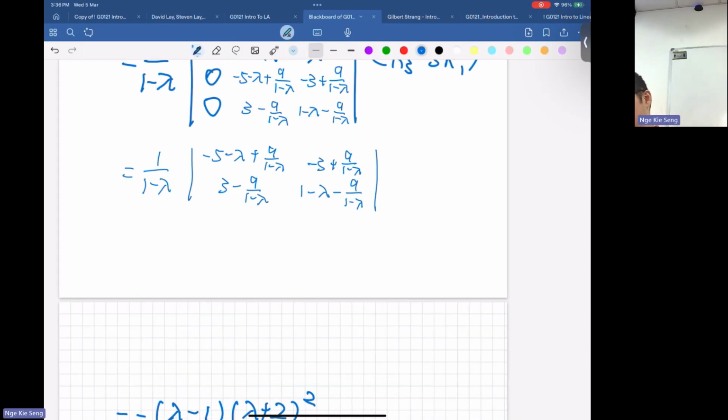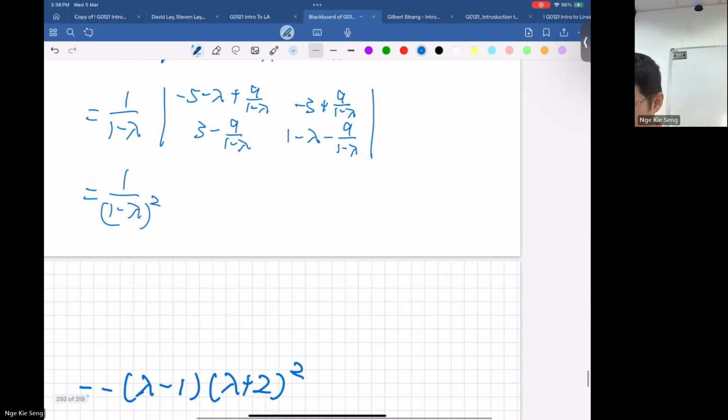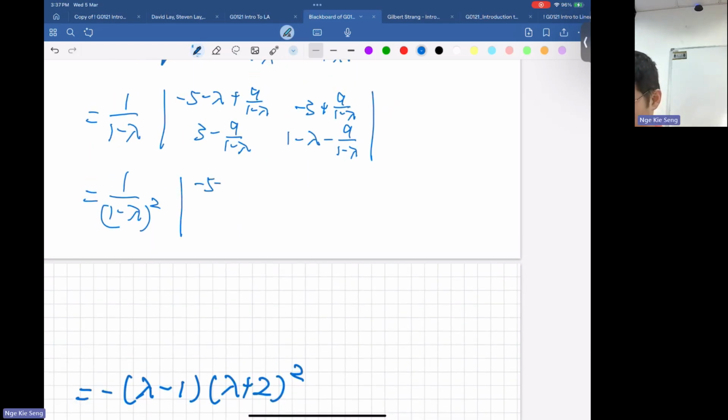This 1 over 1 minus lambda is quite confusing. Can we pull this 1 minus lambda out? I get 1 minus 5. Okay, let me think. Correct, right? So I can pull this out. Well, no need to pull out first. Just multiply it: AD minus BC, right?